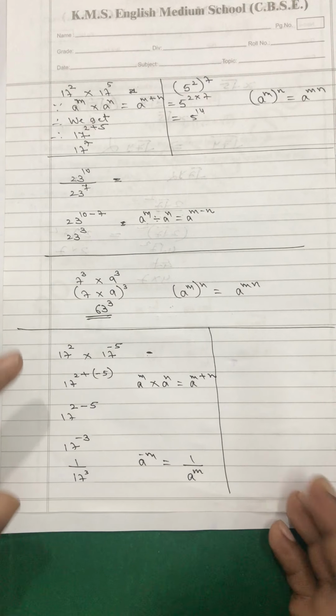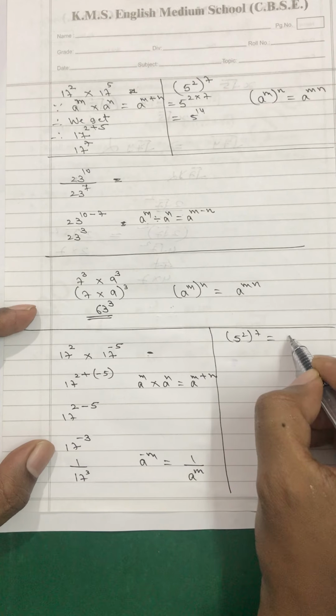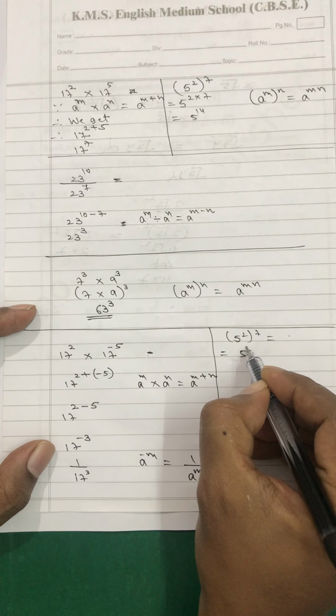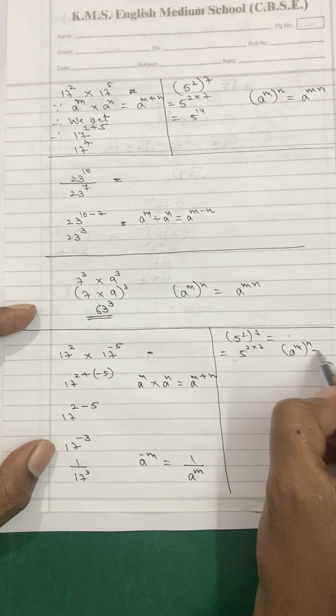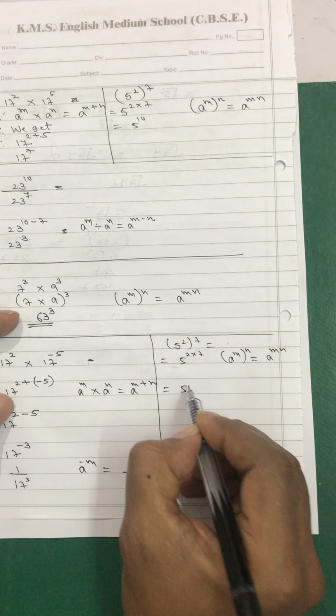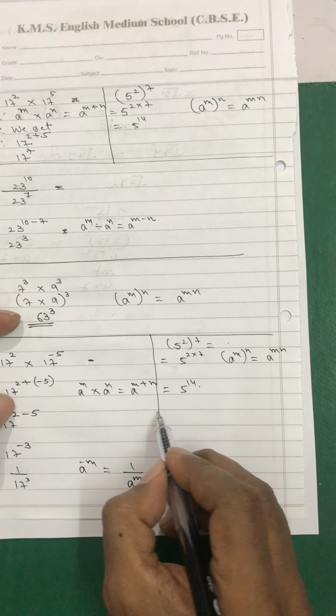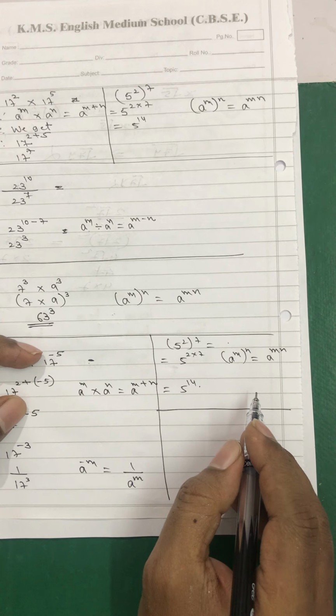So similarly, now this also is there. 5 square raised to the power of 7. This will become 5 raised to the power of 2 into 7, because a raised to the power of m raised to the power of n will give you a raised to the power of mn. So similarly, this will become 5 raised to the power of 14. Fine. Now what more do we have like this?